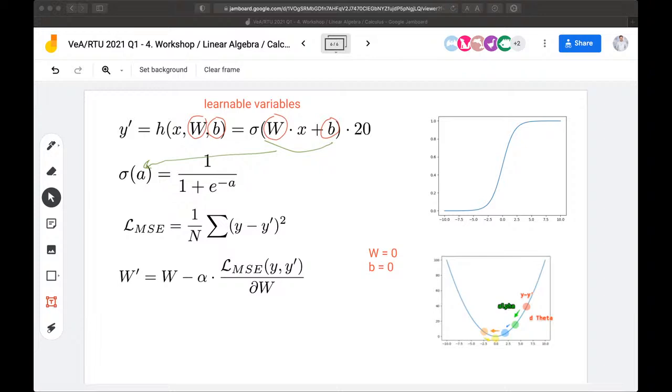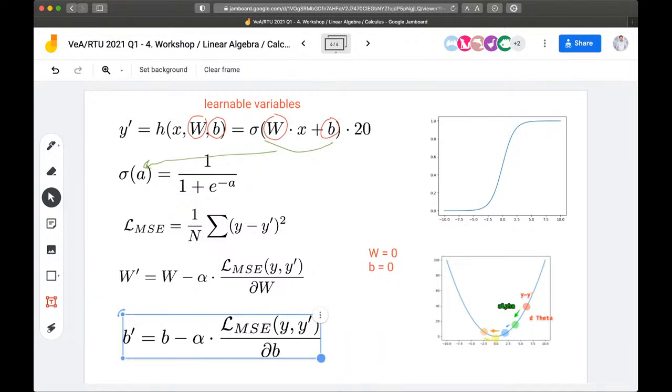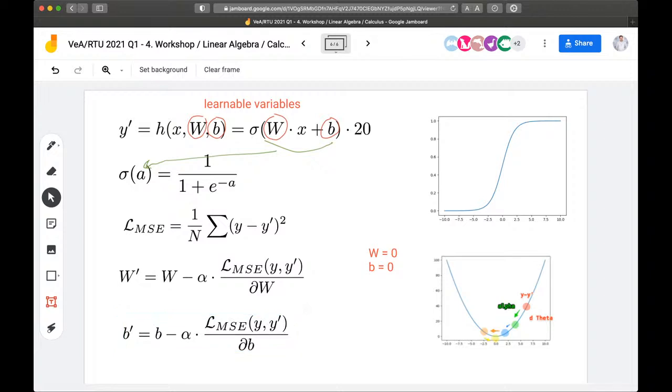So if we apply that one like this, so then with this partial derivative, the partial derivative is almost no different from simple derivative.